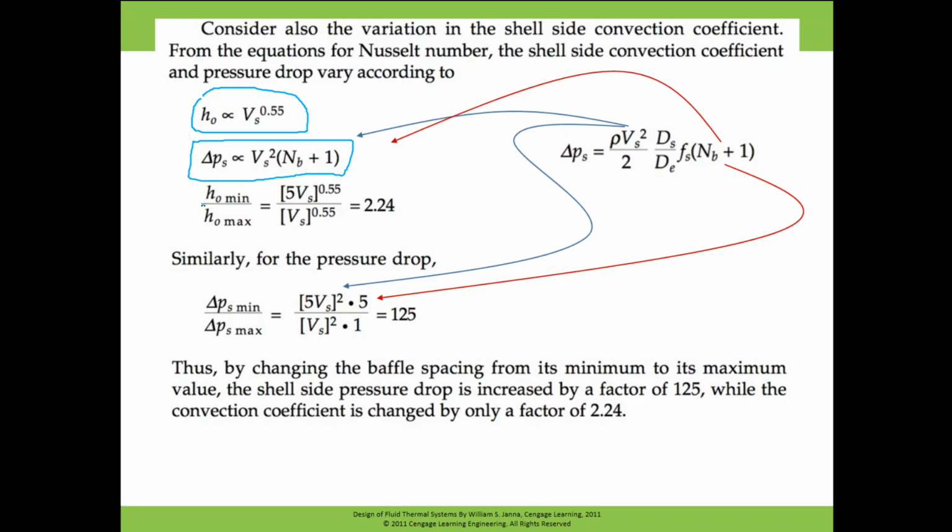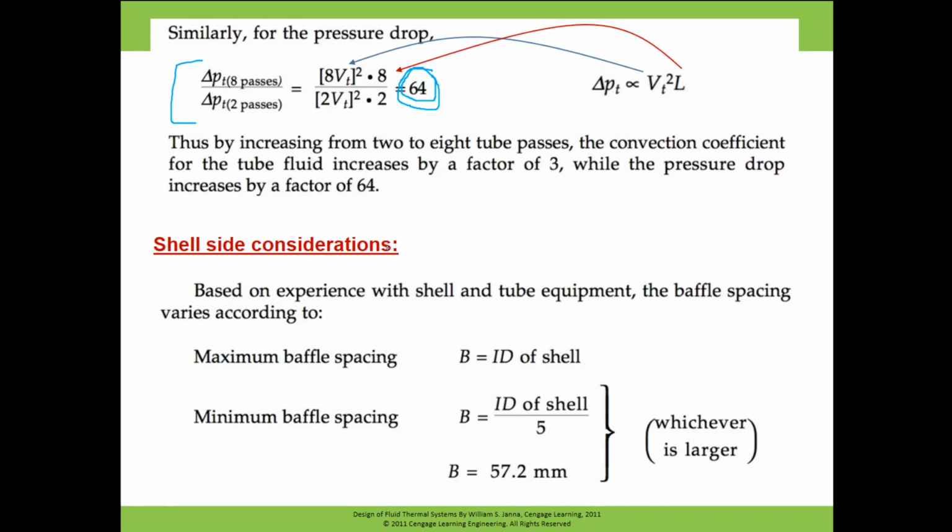Okay, so when we talk about the baffle spacing for the shell side consideration, the maximum baffle spacing can be equal to the inner diameter of the shell, and the minimum baffle spacing can be the inner diameter of the shell divided by 5.